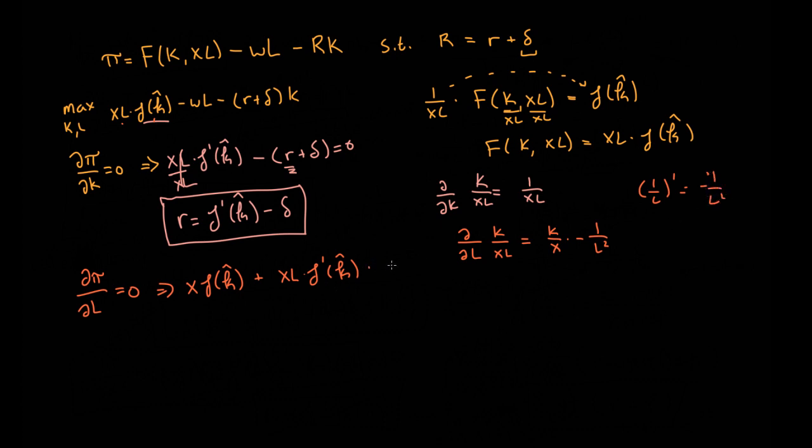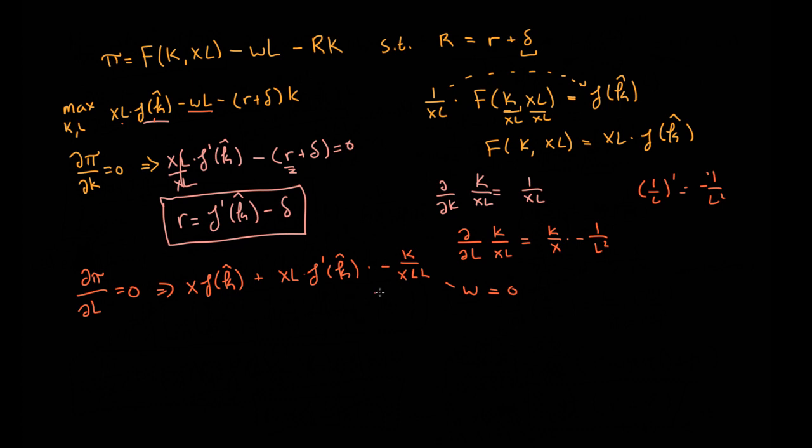So times minus k over xL squared. And then there's one more L, right here, so we're also going to have minus w. Minus w equals 0.